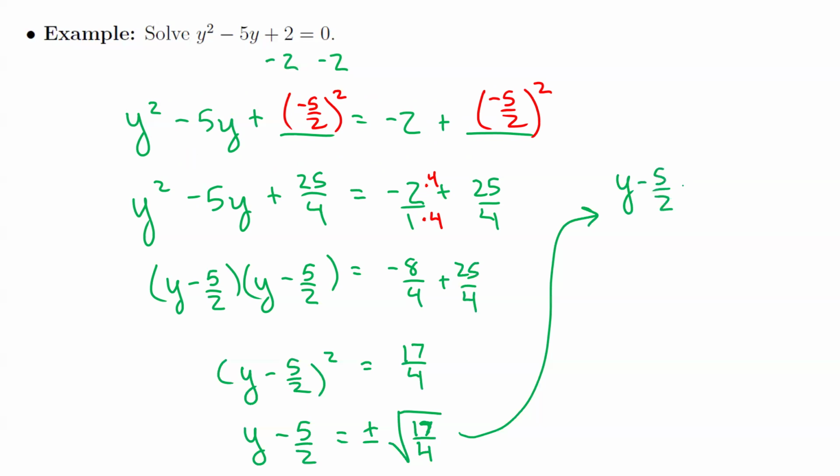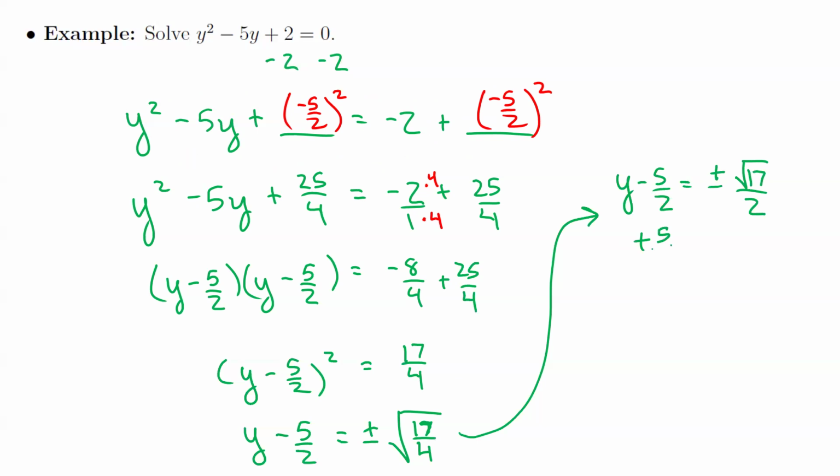And before I get that y by itself, let's do a little simplifying. I know that I can break this square root symbol into the 17 and the 4 separately. So I can go ahead and take the square root of the denominator. So it'll be plus or minus the square root of 17/2.